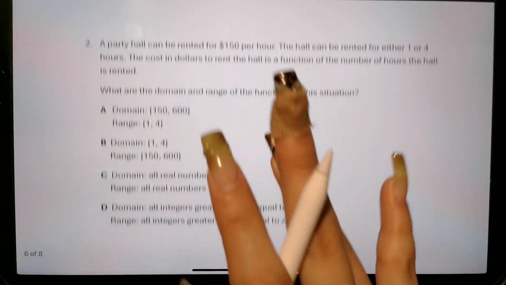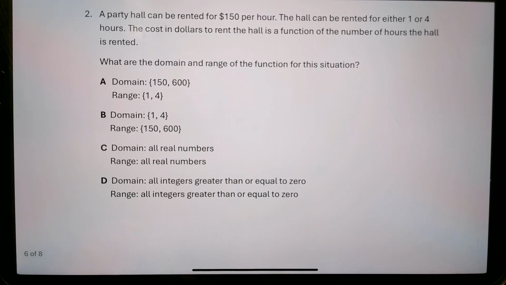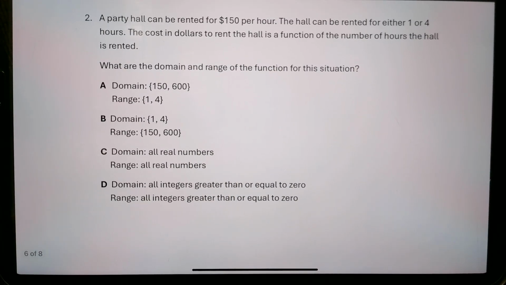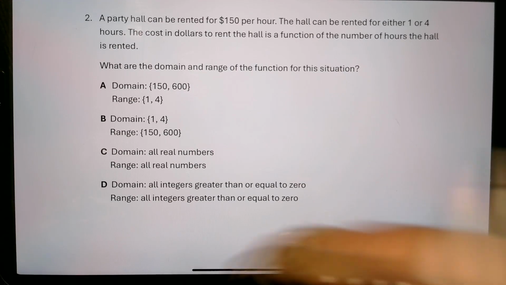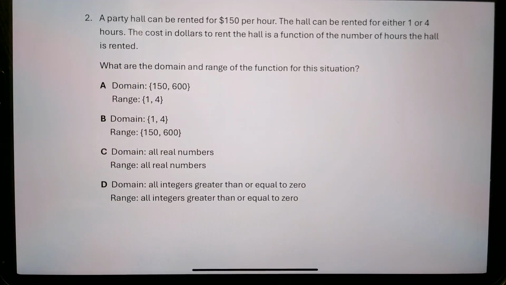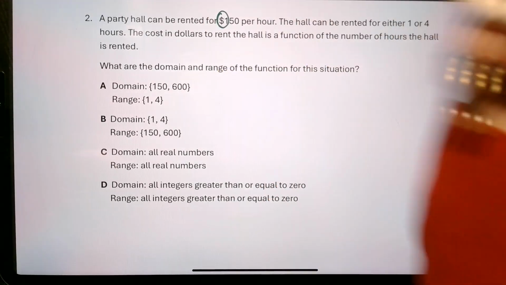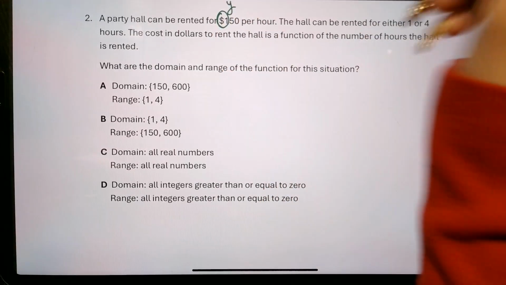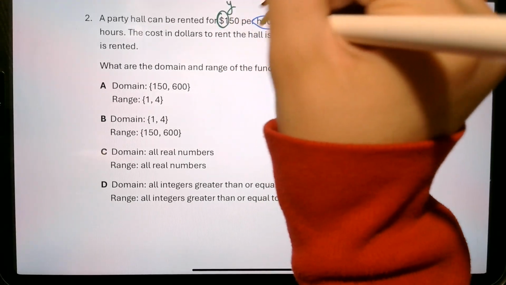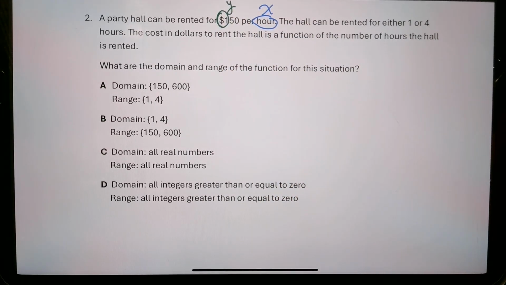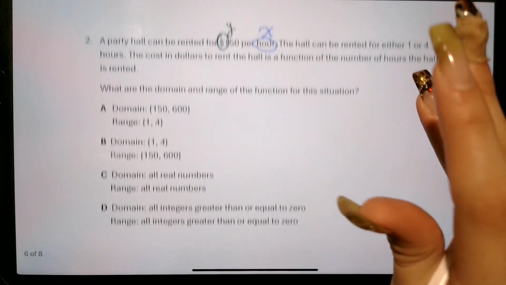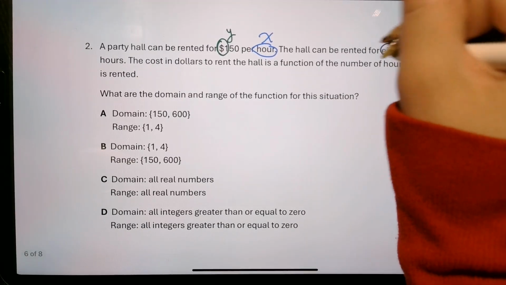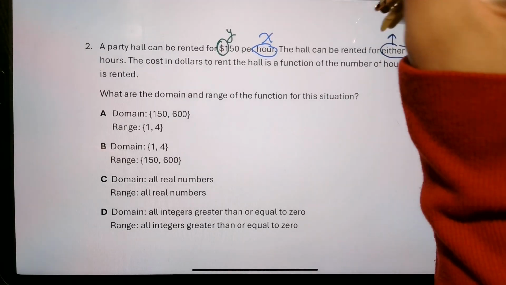Let's go to the next question, which is very similar to the first. And you are going to have a very similar test question. A party hall can be rented for $150 per hour. So once again, they are telling us the slope where cost is the y and hours is the x. The hall can be rented for either, being discrete.